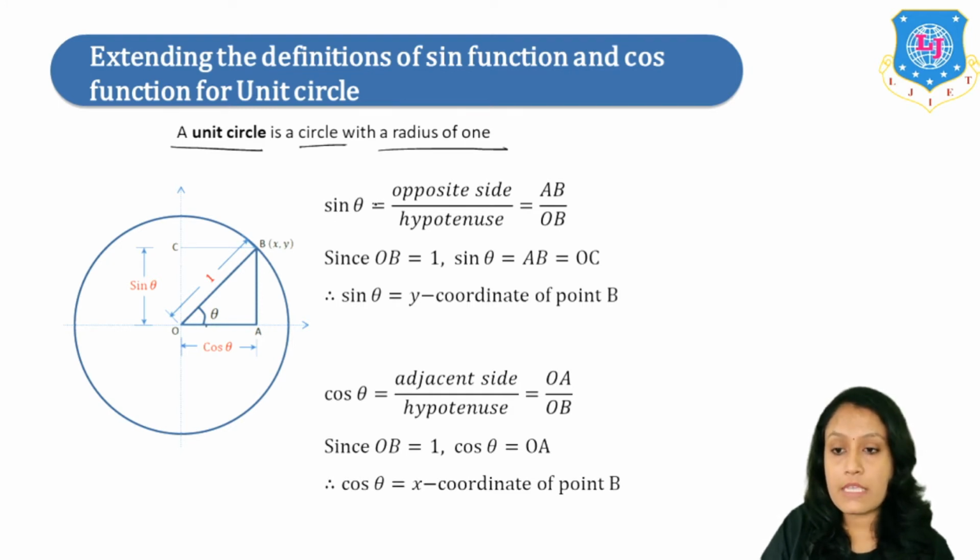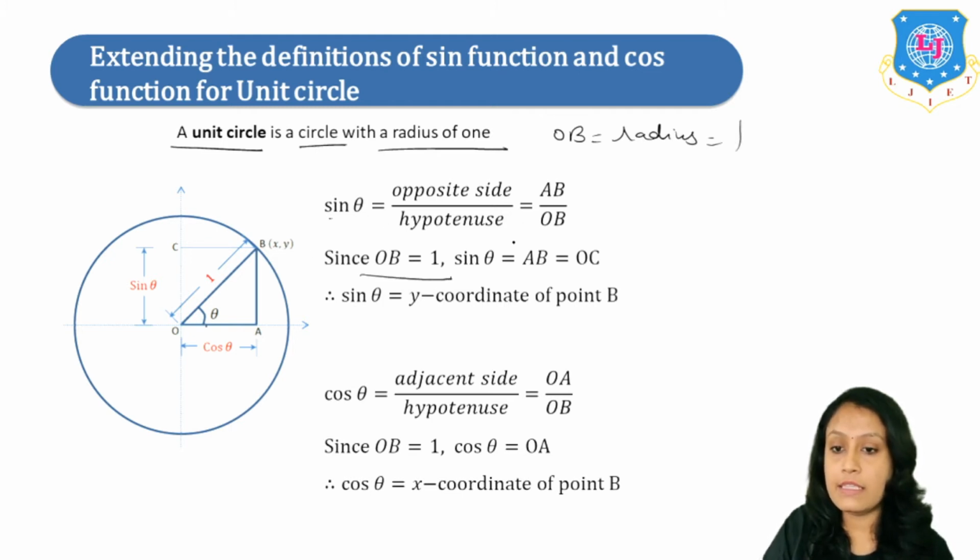Now sine theta is what? It is opposite upon hypotenuse. Opposite means AB and hypotenuse is OB. So this is AB upon OB. Since this is a unit circle, its radius is 1. This OB is a radius, and radius is 1, so we write OB as 1.